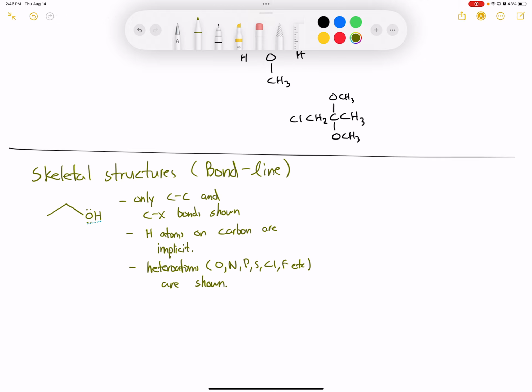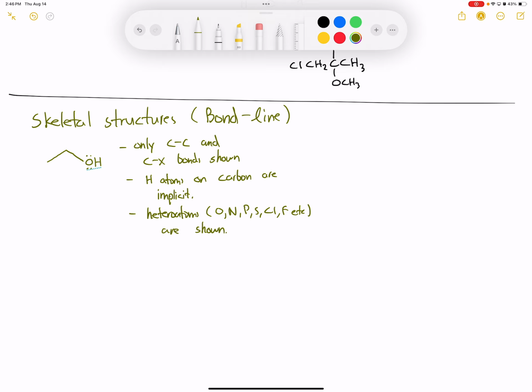And then each point on the drawing represents a carbon atom. And each carbon atom will have enough hydrogens to form an octet. So each carbon has enough hydrogens. They are implicit on carbon to form octet.